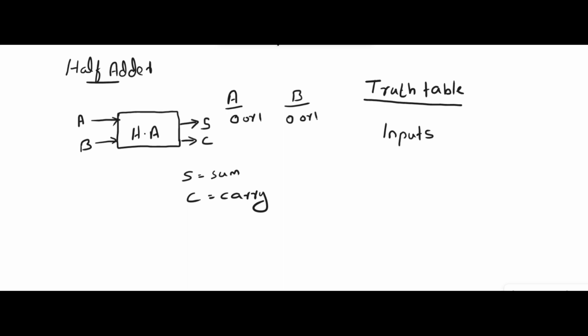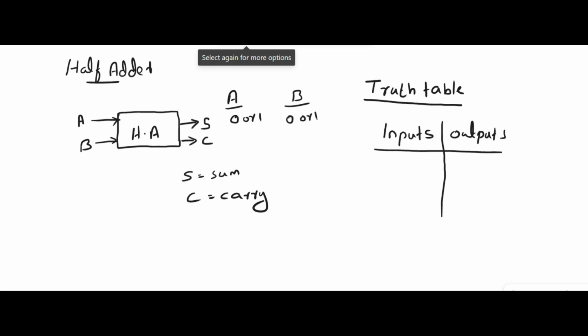A truth table is a table which shows the relation between input and output. So as in the figure, we have two inputs, namely A and B. Similarly, we have two outputs, namely sum and carry.